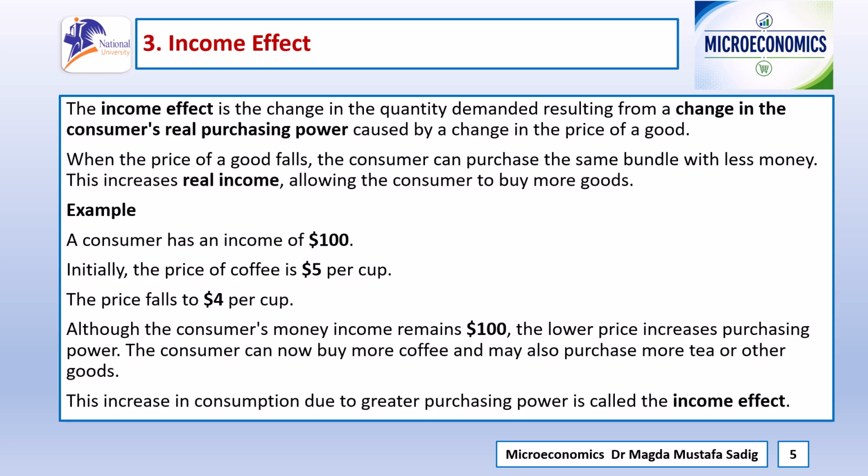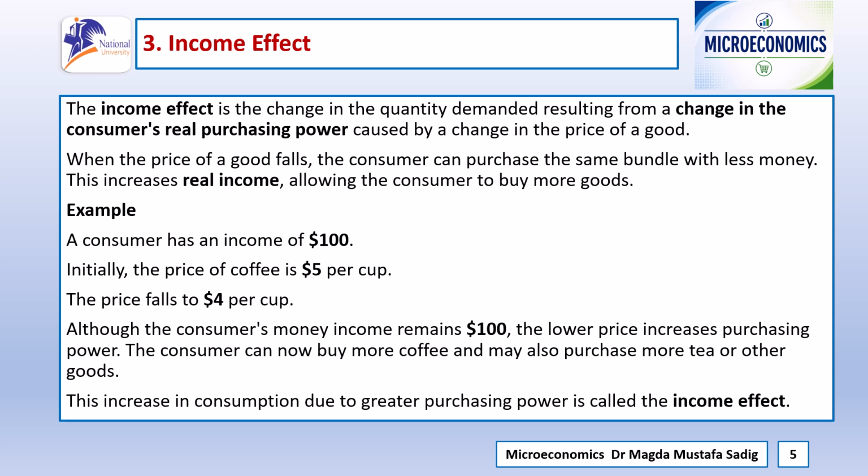Let us now move to the second component, the income effect. Unlike the substitution effect, this effect is related to purchasing power. Suppose your monthly income is $100. Initially, coffee cost $5 per cup.